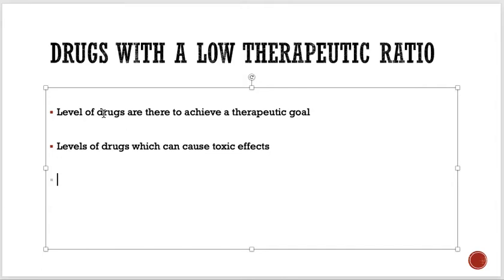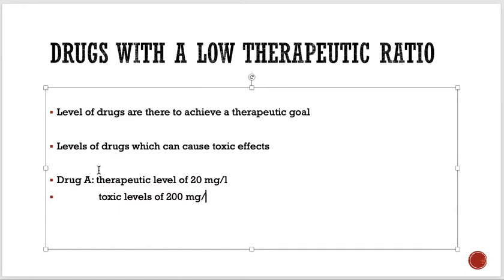So simply remember, I'm just giving an example. Drug A has a therapeutic level of 20 milligram per liter, and the same drug A has a toxic level of 200 milligram per liter.